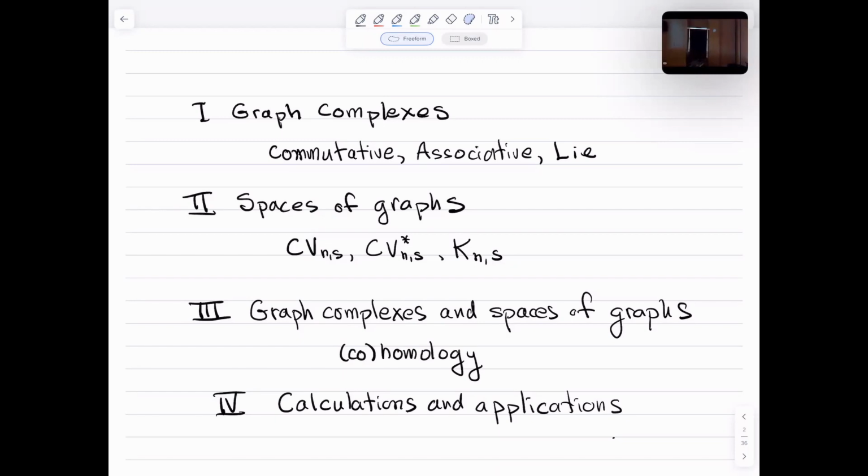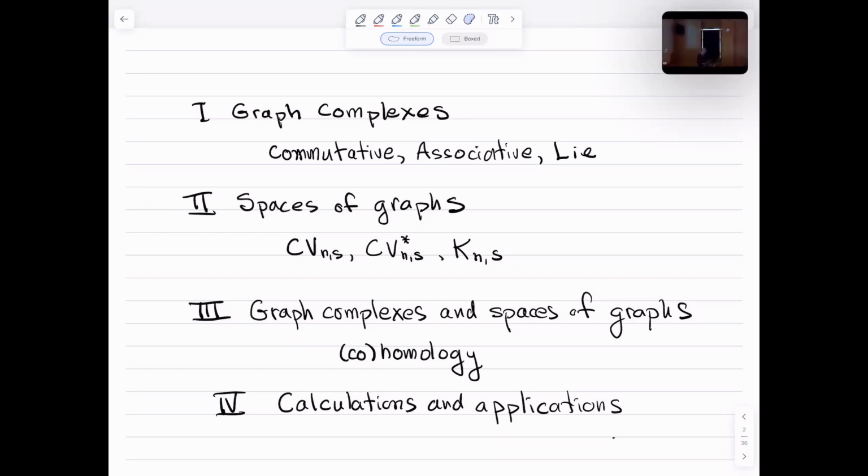And then after I talk about these complexes, I want to talk about spaces of graphs. So those are the names of some of the spaces I want to talk about. And then I want to relate the 2, the graph complexes and the spaces of graphs, in particular in terms of cohomology. And then finally, we'll talk about some calculations and some applications. So that's the plan.